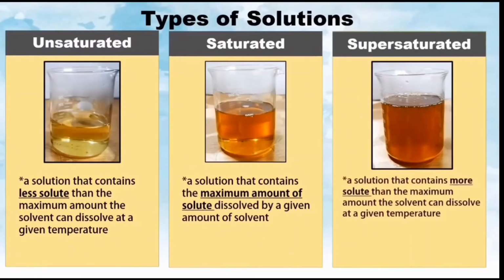While a supersaturated solution contains more solute than the maximum amount the solvent can dissolve at a given temperature. For comparing the color of the solutions, the unsaturated solution is lighter in color. The saturated solution is intermediate, and the supersaturated is darker in color.